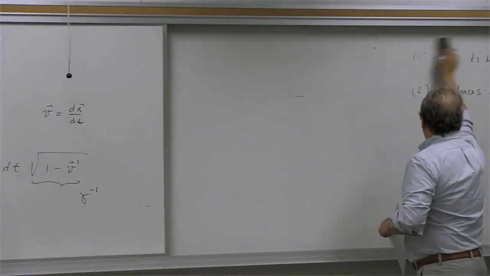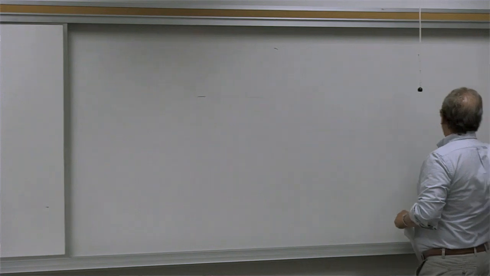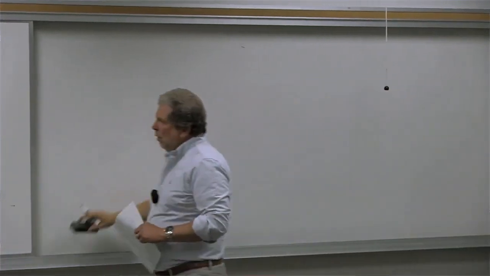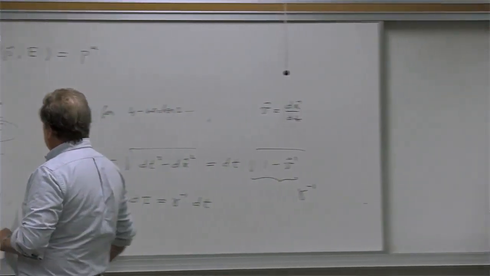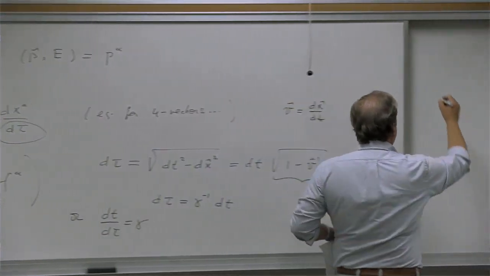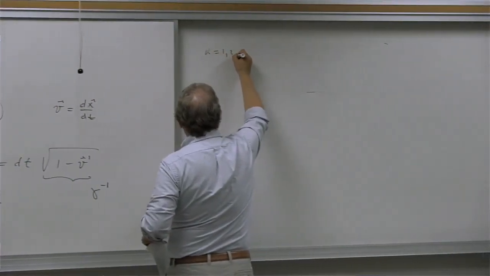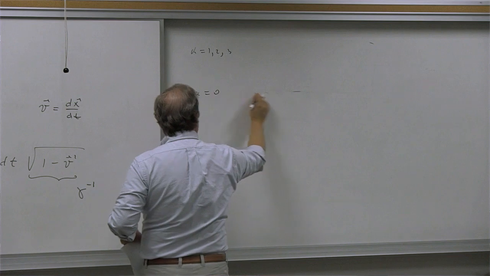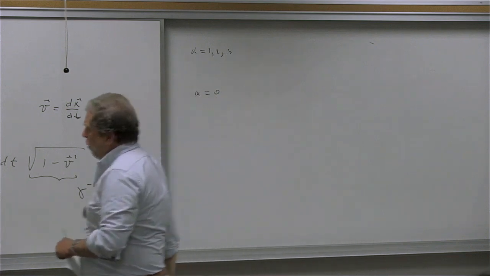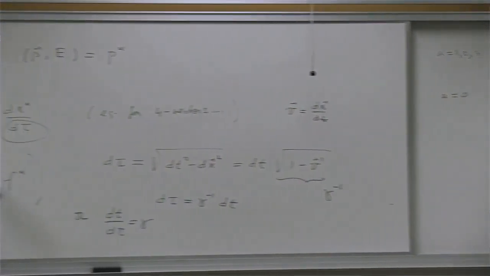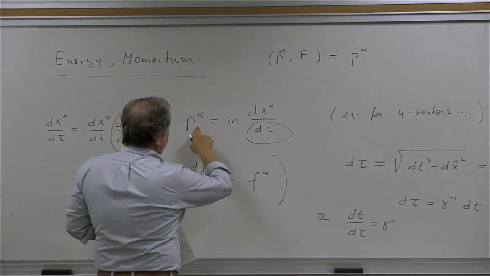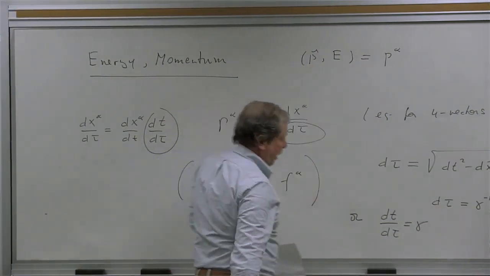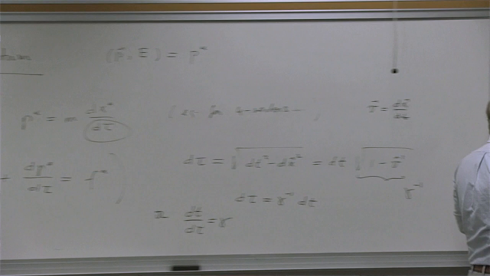Okay. So that means that you can now write the two ingredients of the momentum expression in terms of the gamma, right? So we split up the alpha equal 1, 2, 3 part and the alpha equal 0 part. The alpha equal 1, 2, 3 part is the spatial component of the 4 vector, which is just p.